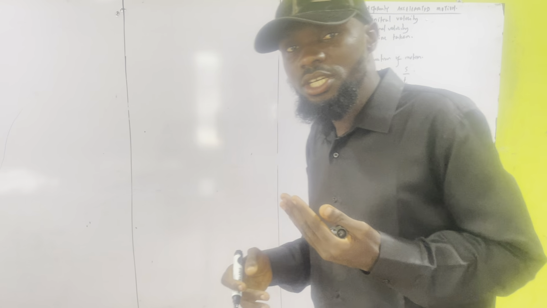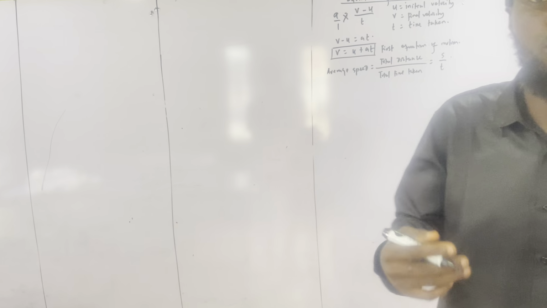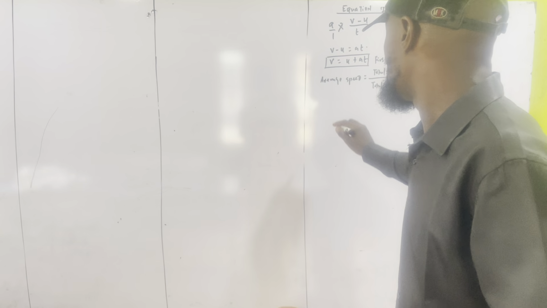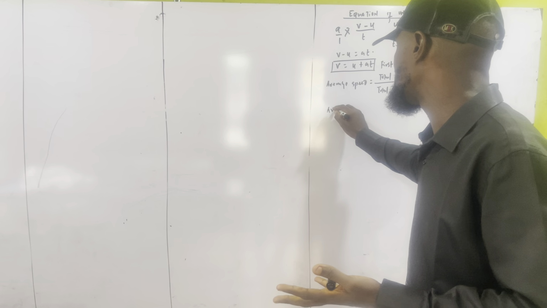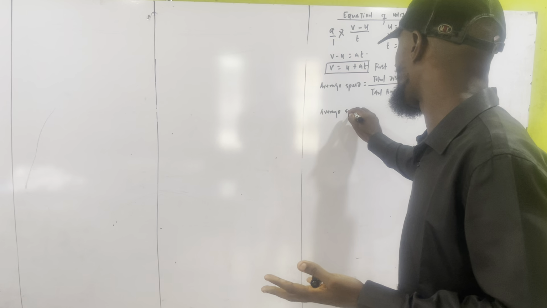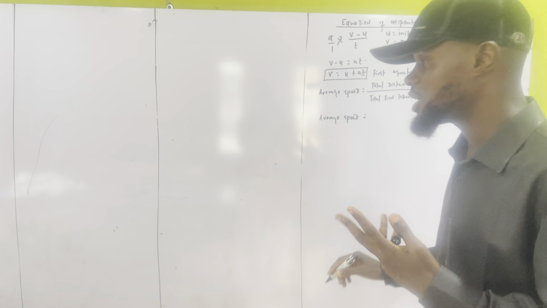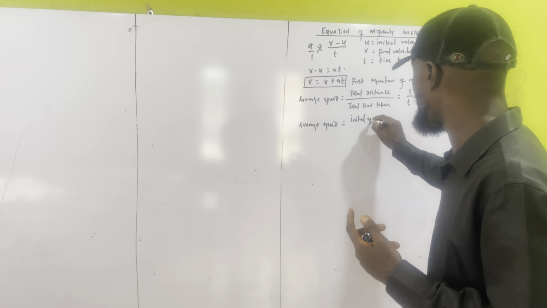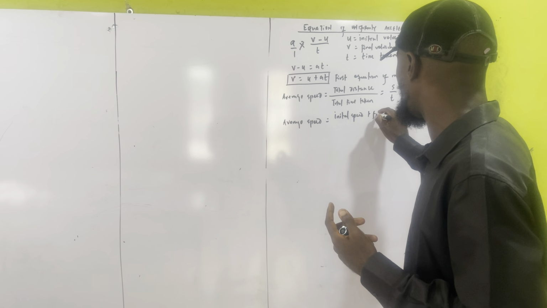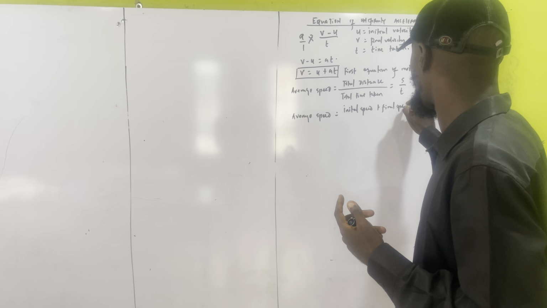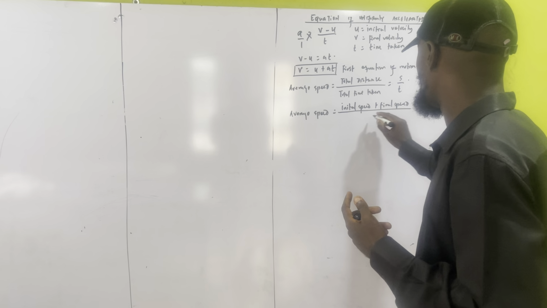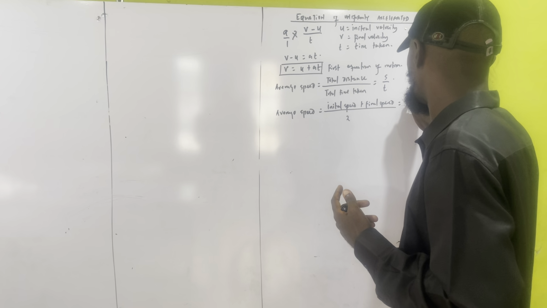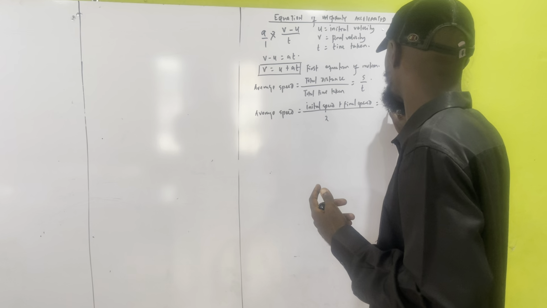For a body undergoing uniform acceleration, we can also have average speed as initial speed plus final speed over 2, which is u plus v over 2.